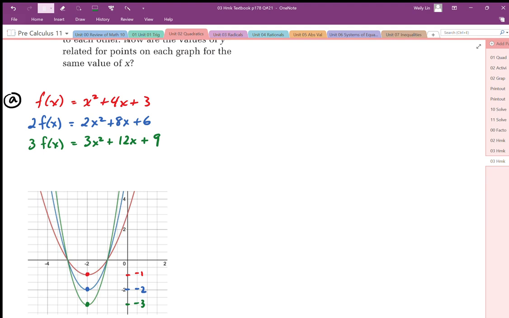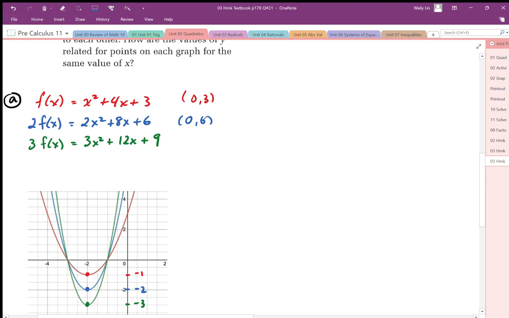So for x equals 0, we know y equals 3. For x equals 0, for the blue function, y equals 6. So the original point was at y equals 3, and the new coordinate now is at y equals 6. It's double. It's stretched away from the x-axis.